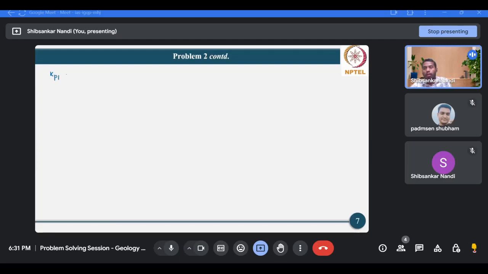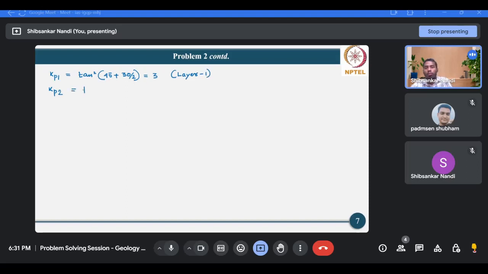So Kp1 will be tan square 45 plus 30 by 2, so it's 3. This is layer 1.